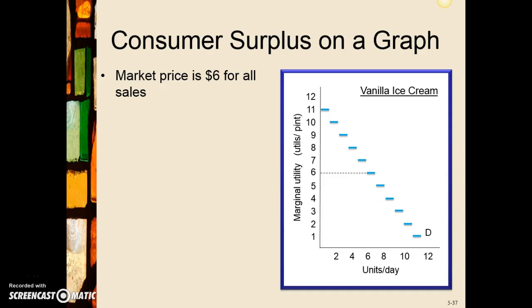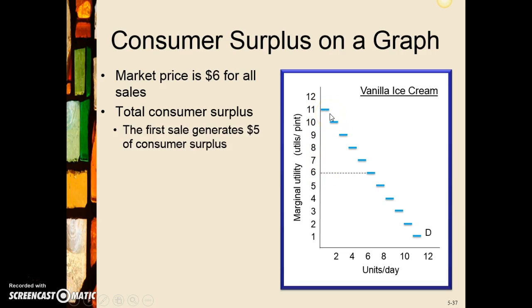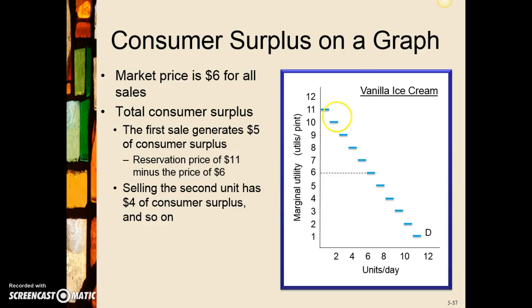So if the price is $6, this first buyer here is going to get a consumer surplus of $11, which is his reservation price, minus the price he has to pay, which is $6. So that's going to be a $5 surplus going to this first buyer. And so the second buyer, therefore, is going to get $4 of consumer surplus, his reservation price of 10 minus the price he's actually going to pay of 6.